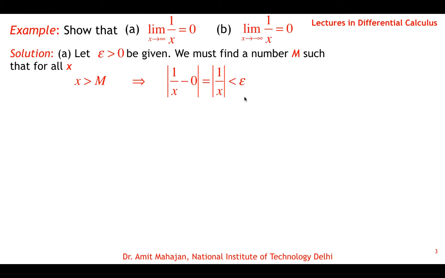We know how to solve using the formal definition. We did it in the previous lectures also: we solve the epsilon inequality first and then try to find the number based on epsilon. So we solve this first.